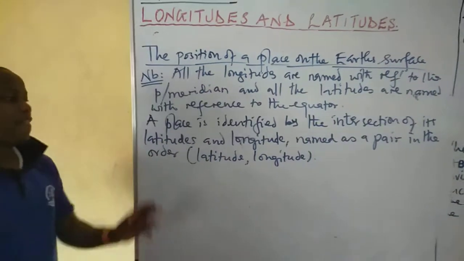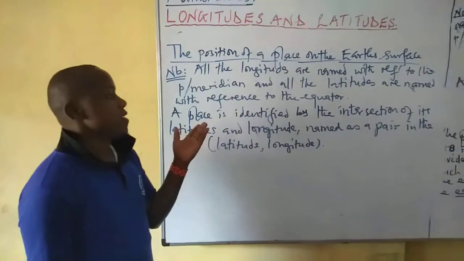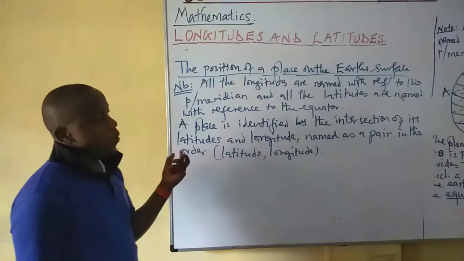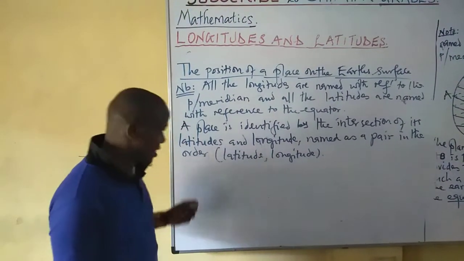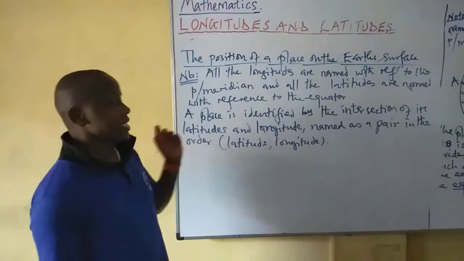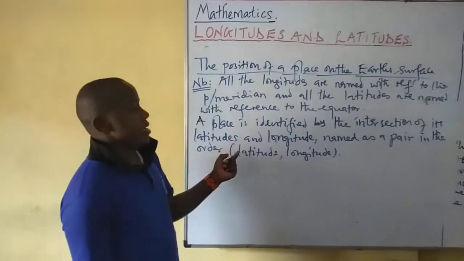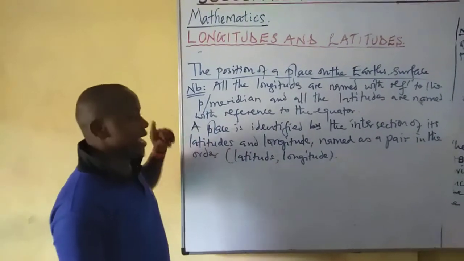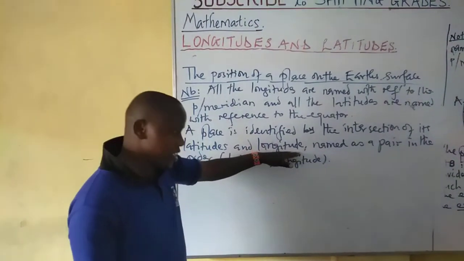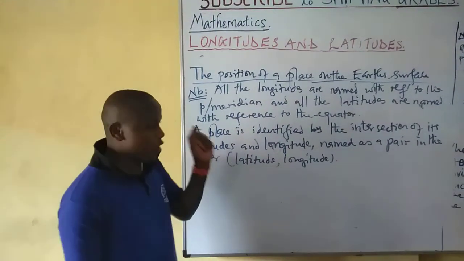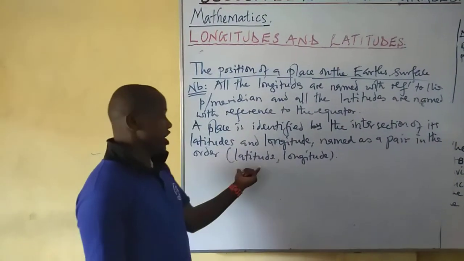Therefore now, the position or the place where a certain town or a city is, is identified by mentioning the latitude and the longitude. Then you place them as coordinates in this order.